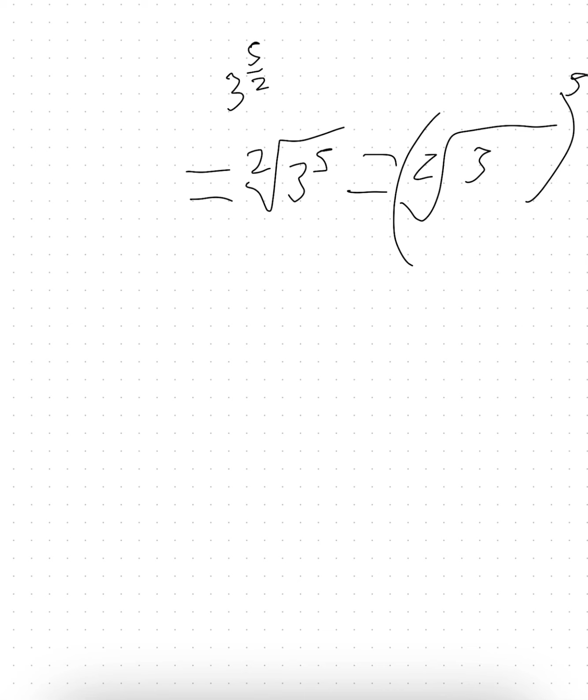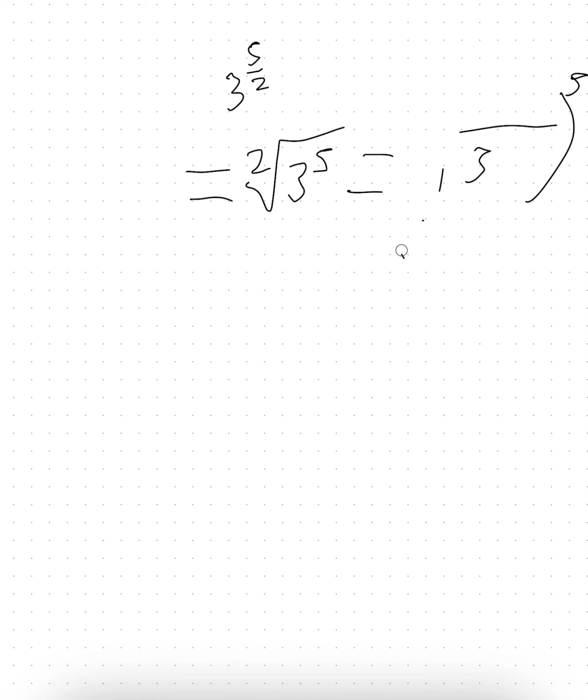That's equal to the square root of 3 raised to the 5th power. It can also be rewritten as just the square root of 3, all raised to the 5th power. The exponent doesn't have to be within the square root. It can be outside of it, doesn't really matter.